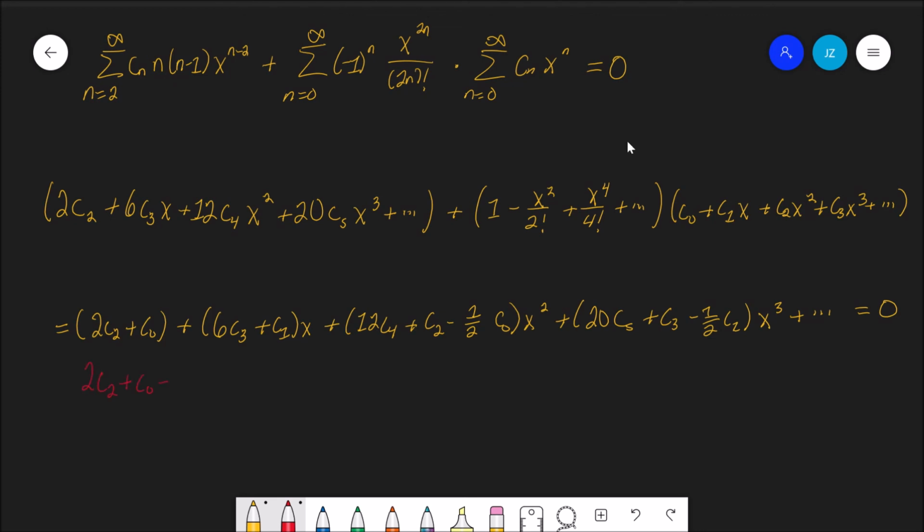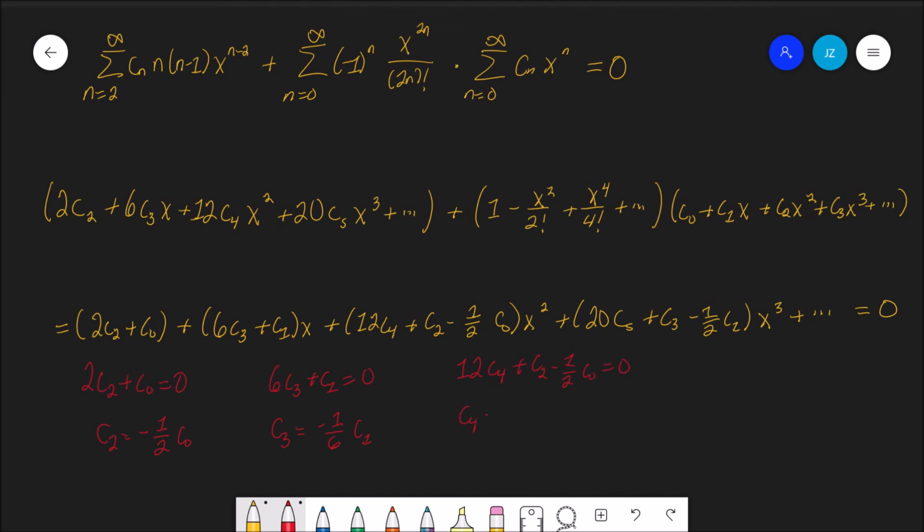2c2 plus c0 has to be 0. And so c2 is negative a half c0. 6c3 plus c1 has to be 0. So c3 is negative a sixth c1. 12c4 plus c2 minus a half c0 has to be 0.